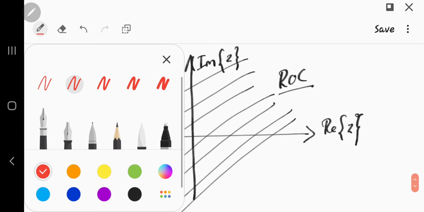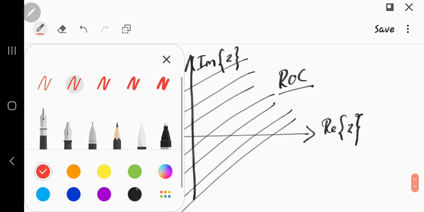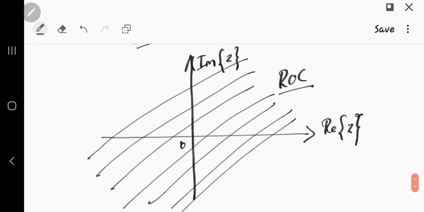Now coming to poles and zeros, so this is the origin. First I will locate the zeros here. Somewhere here, at this distance from 0 to this is the point 1 by 2.